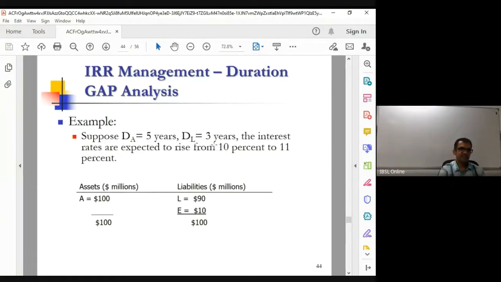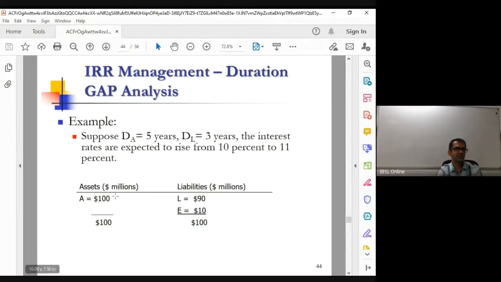The current interest rate is 10% and we expect it to go up to 11%. So interest rates are expected to rise from 10% to 11%. So what is the interest rate change that we expect? It is 1%. So this is the balance sheet in summary. We don't want the exact figures; we can assume it like this. This is the balance sheet given.